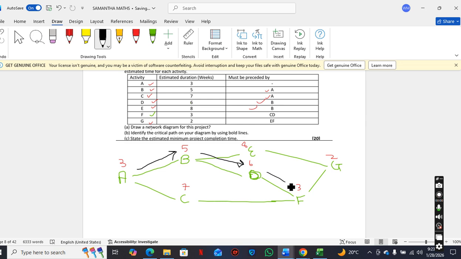We go straight to F. And then from F, there's only one option, we go straight to G. So this is the critical path. Any questions?